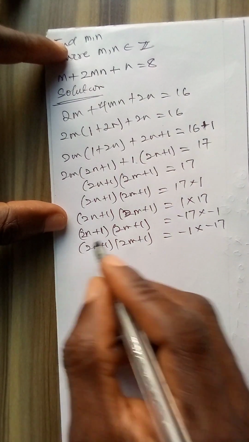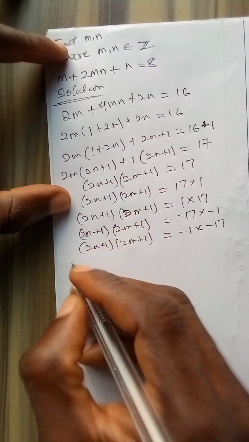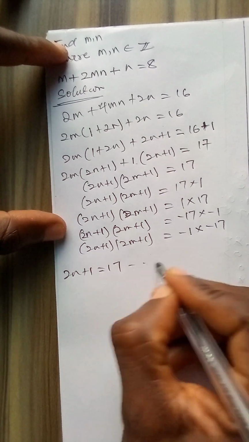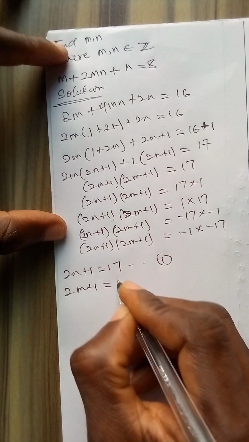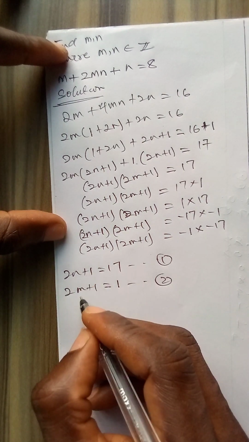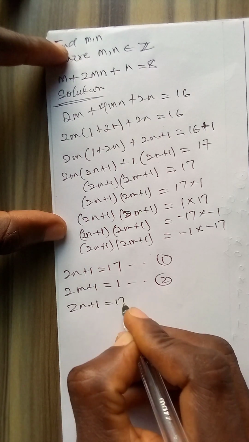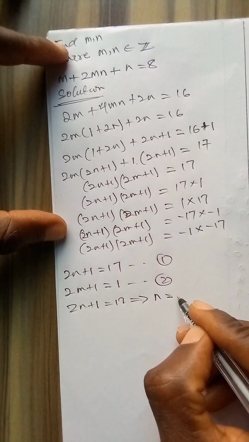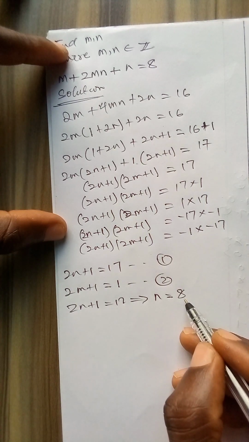So we equate each bracket to each number, and then we have 2n plus 1 is equal to 17. Let's call this equation 1. And then 2m plus 1 is equal to 1, equation 2. If we solve equations 1 and 2, 2n plus 1 is equal to 17 implies n is equal to 8, because 2 times 8 is 16.